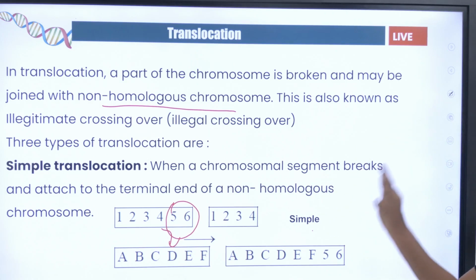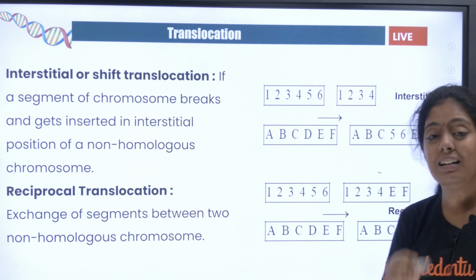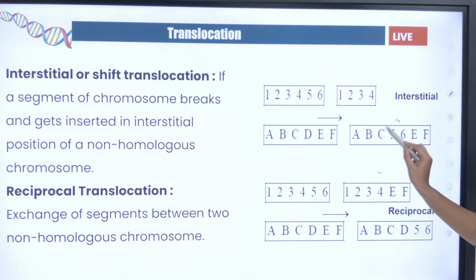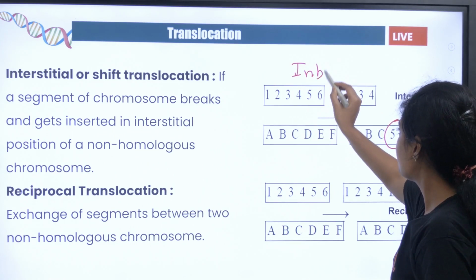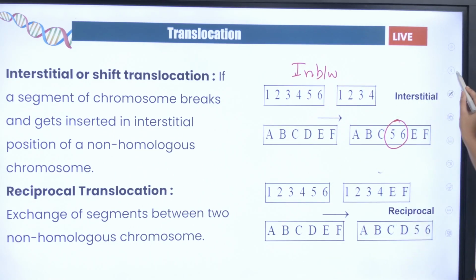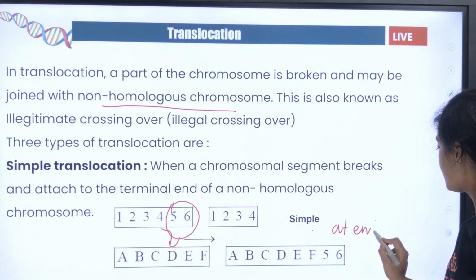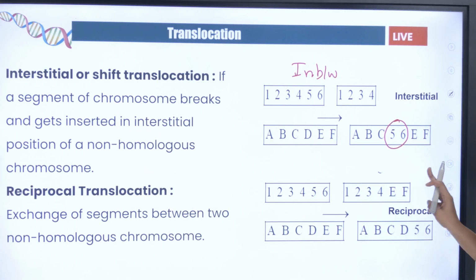Other than simple translocation, I have the next translocation, interstitial or shift translocation. You can see they are shifting in interstitial. Interstitial means in between. In simple translocation they are translocating at the ends, while here they are translocating in between.